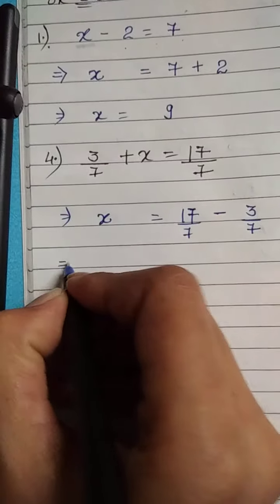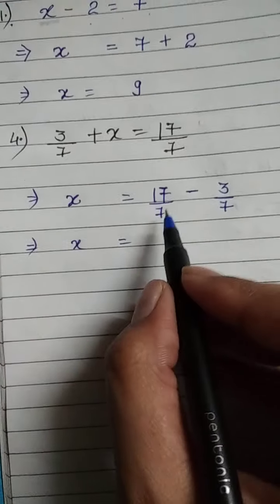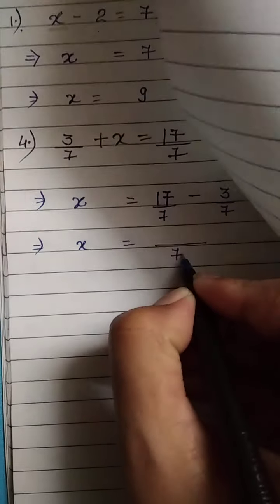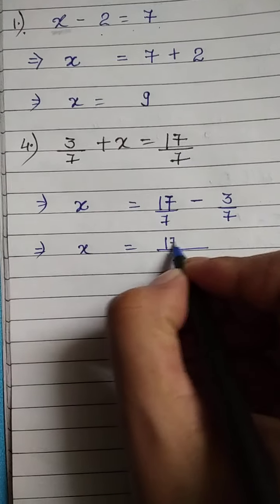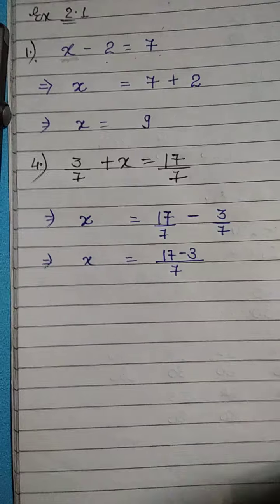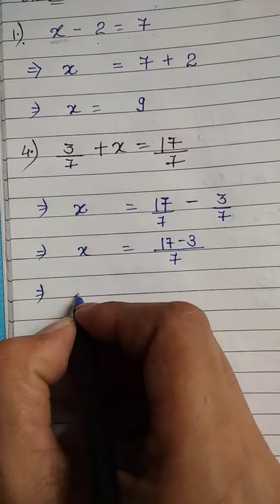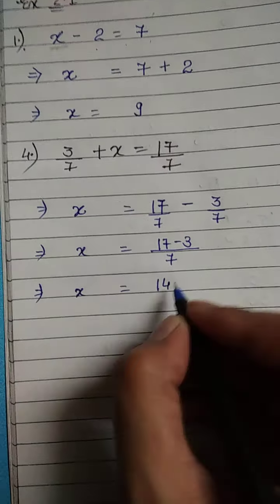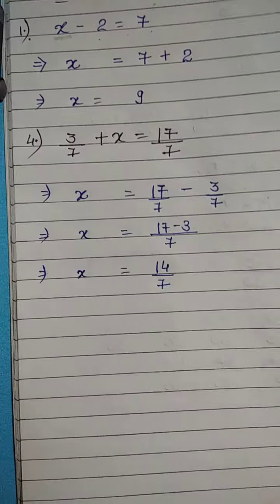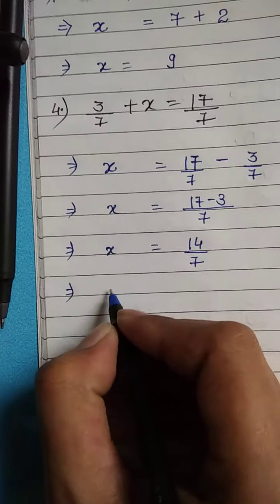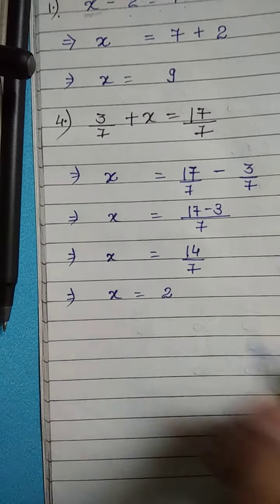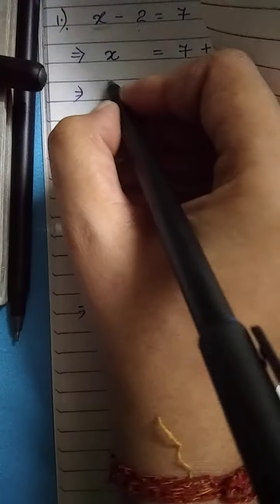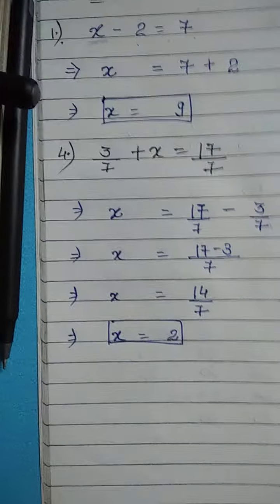Now this will come as a fraction, x is equal to, base is same, so here base will come one time, 17 minus 3. 17 minus 3, what will come here, 14. 14 divided by 7, its answer is x is equal to 2. This is the answer.